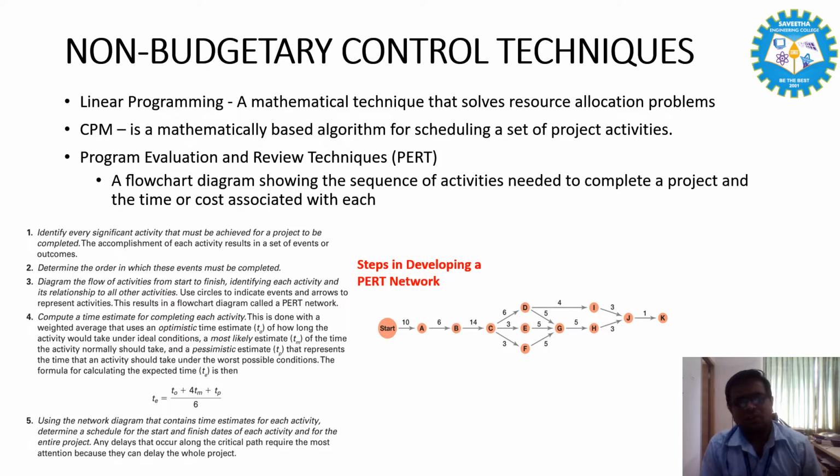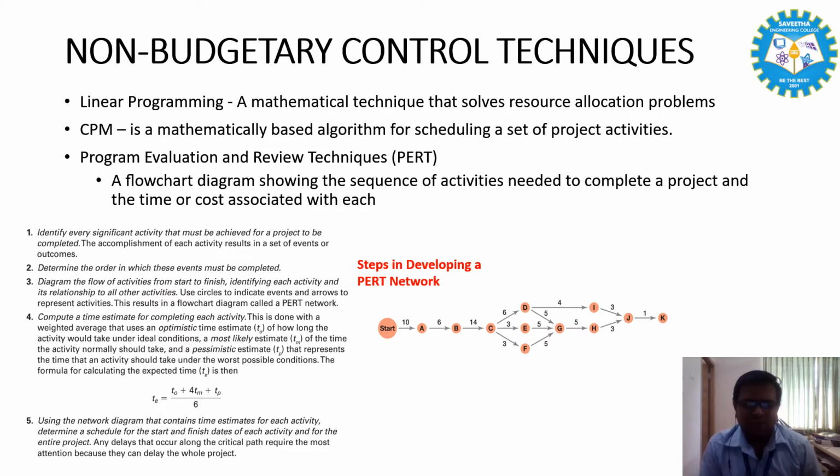The next one is program evaluation and review technique, PERT. It is a flowchart diagram showing the sequence of activities needed to complete a project and the time or cost associated with it. The elements of PERT: it identifies the significant activities that must be achieved for a project to be completed. The accomplishment of each activity results in a set of events or outcomes.